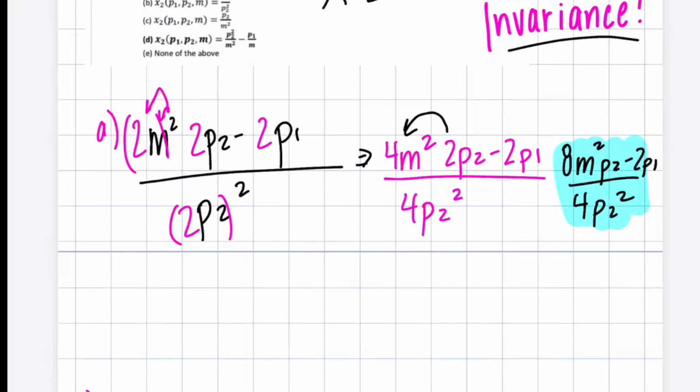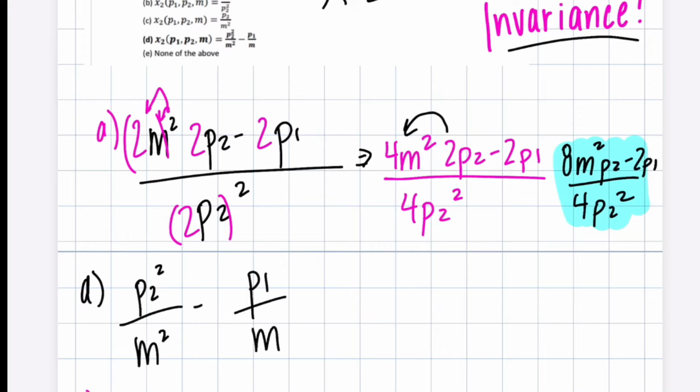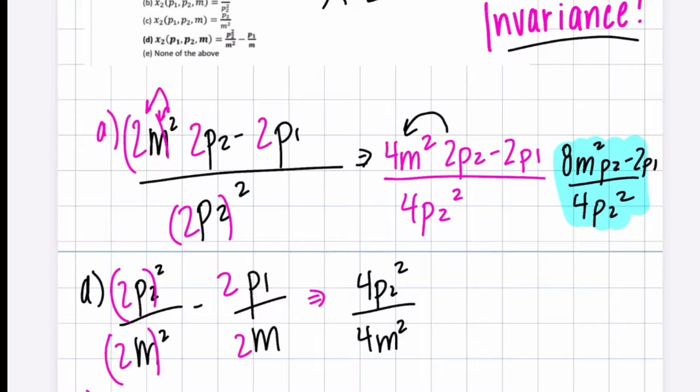If I tried out D, I have p2 squared over m squared minus p1 over m. I'm going to multiply each of these by 2. And that's going to simplify to 4p2 squared over 4m squared minus 2p1 over 2m.